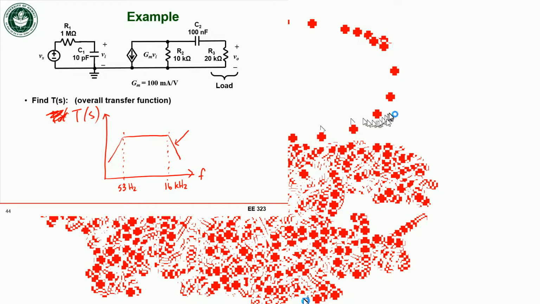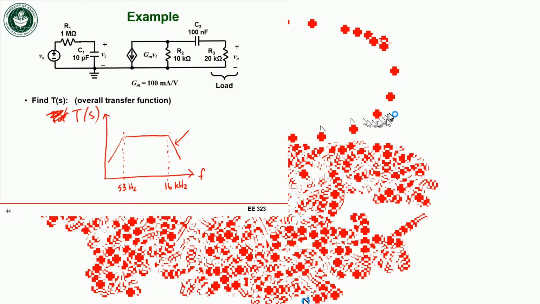You must have covered this in EE323, right? Is this the first time you're seeing this? Have you all seen this before? Okay, it was a while ago, but it's still a prerequisite.